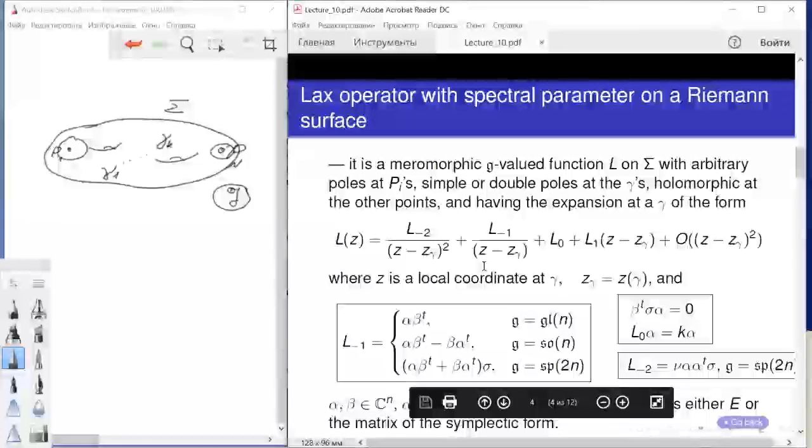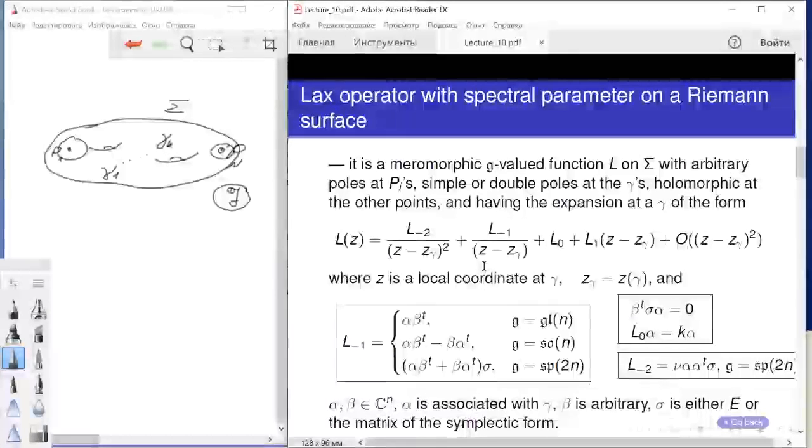The simplest expansion is for Lax operators for the Lie algebra GLN, the full linear algebra. Then for it, L minus 2 is equal to 0. This term is absent. L minus 1 is of the form alpha beta t.